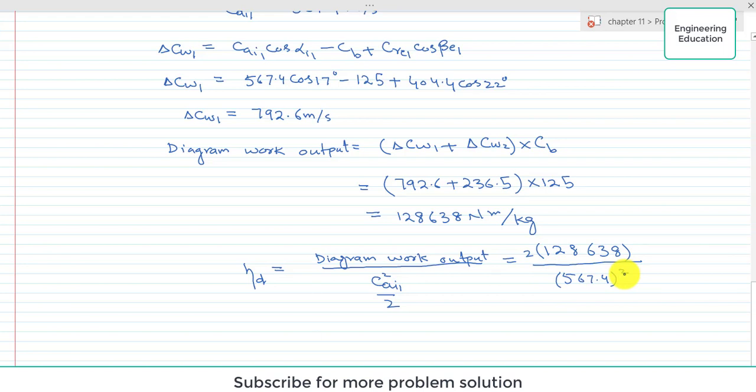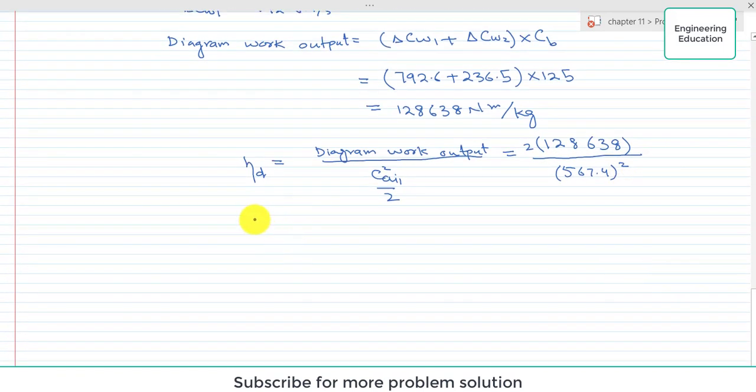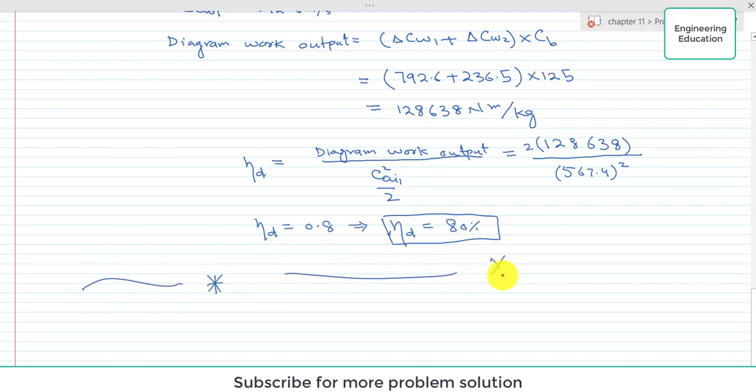Simplifying this, we get the value of diagram efficiency and it comes out 0.8, while in percentage the diagram efficiency for this specific problem is 80%. So this is the solution of problem 11.4.